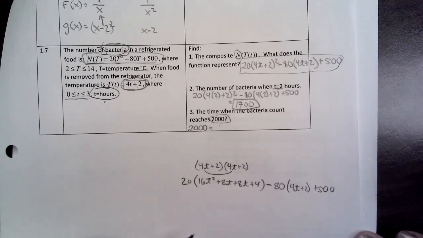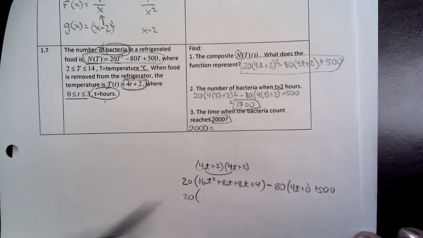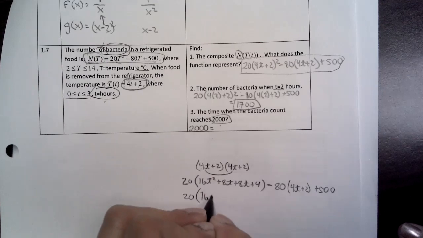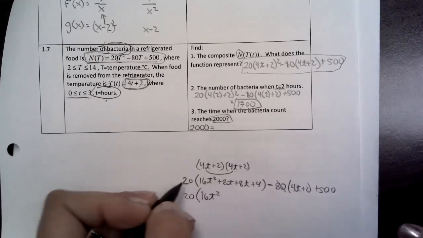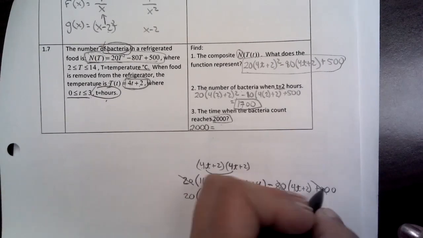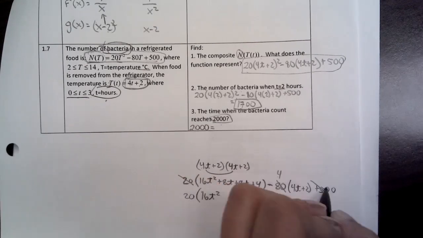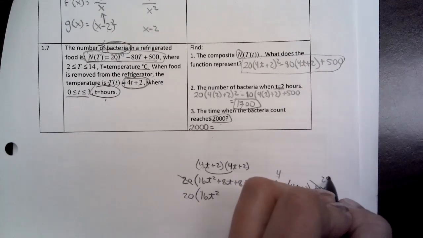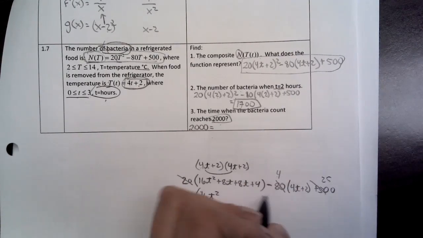Now I'm not multiplying these through first because I'm going to go ahead and divide everything by 20. So that's going to give me 16t squared. So those will go away. So this 80 will be 4 and this 500 will be 25. Now it's going to make life a little bit easier.